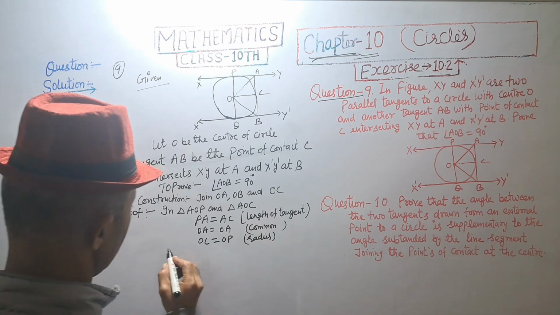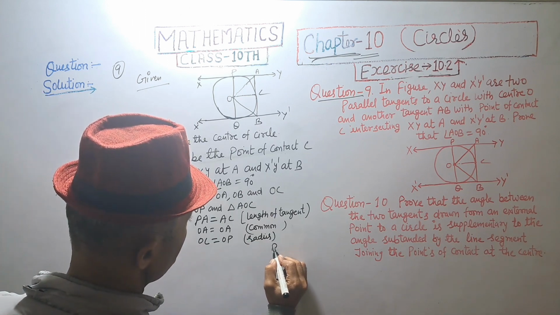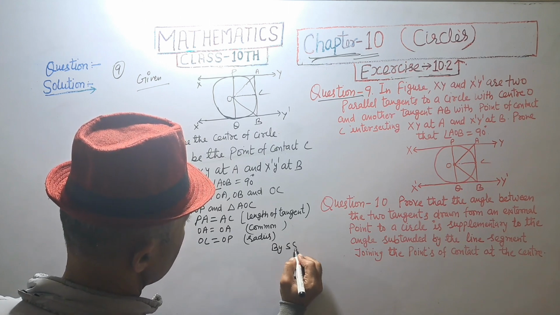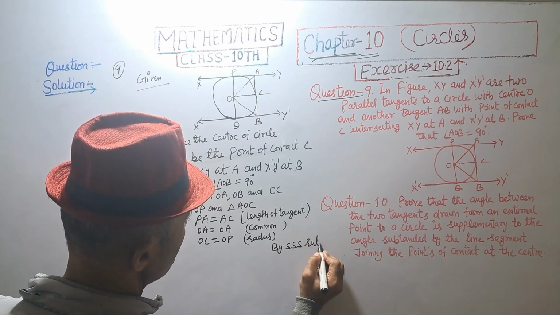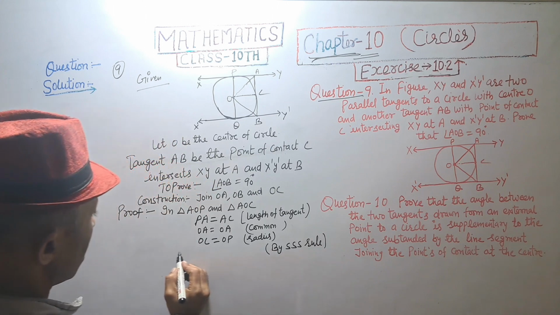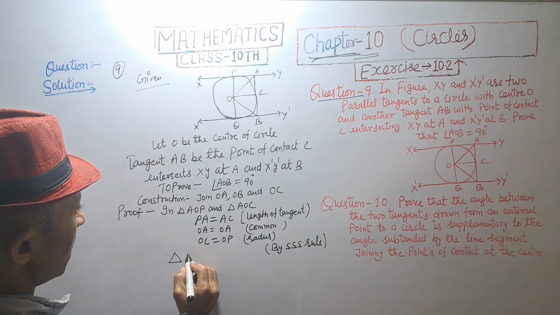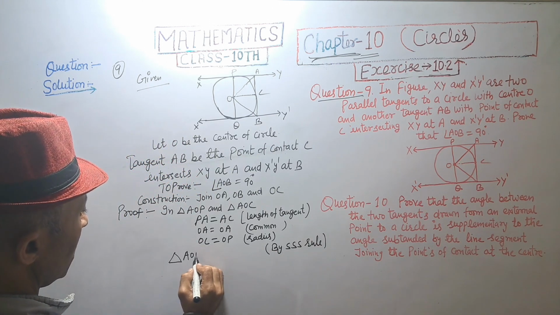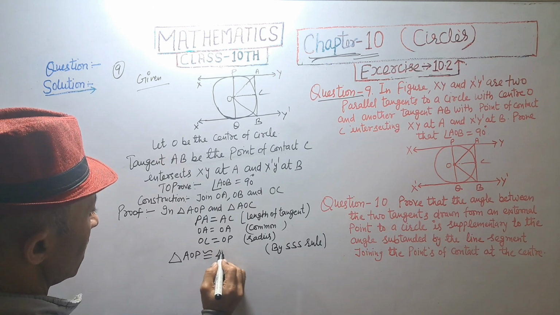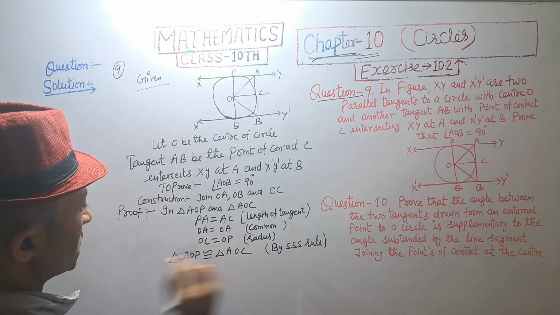By SSS rule, triangle AOP is congruent to triangle AOC.